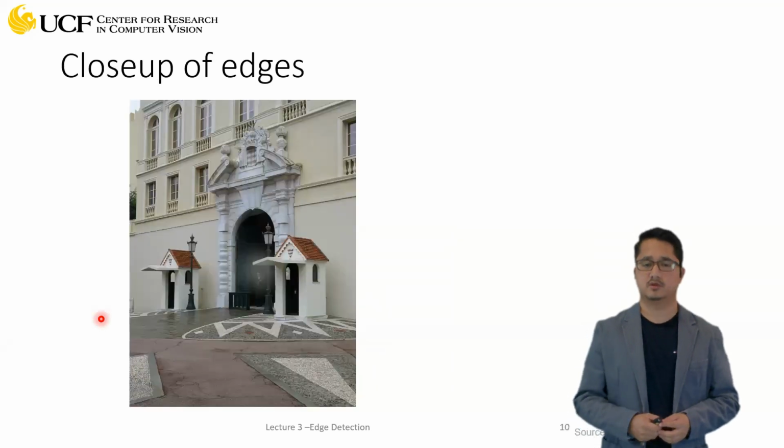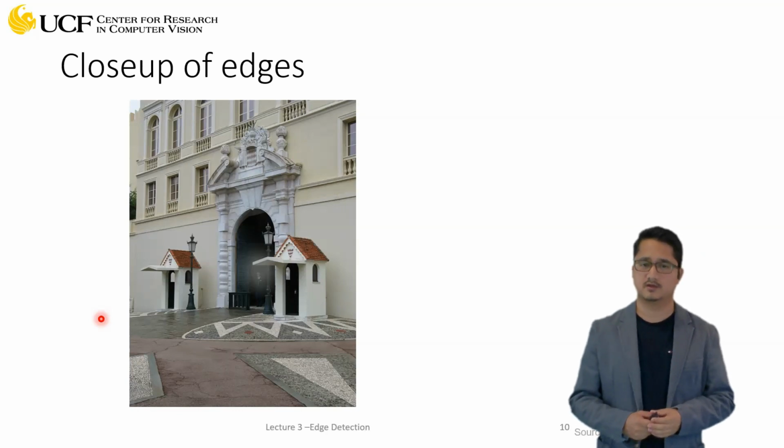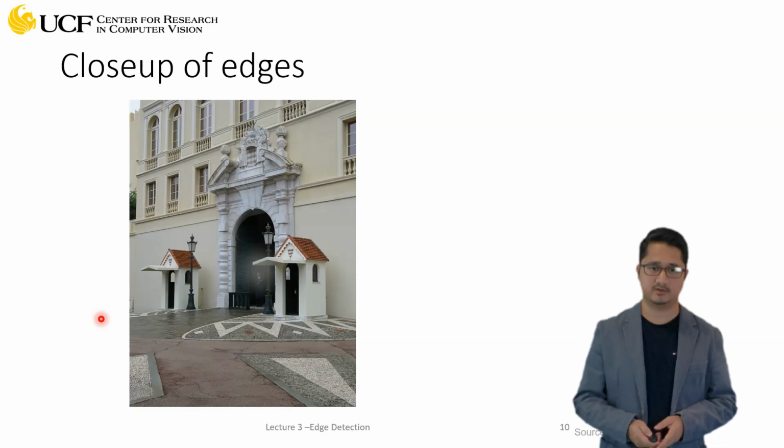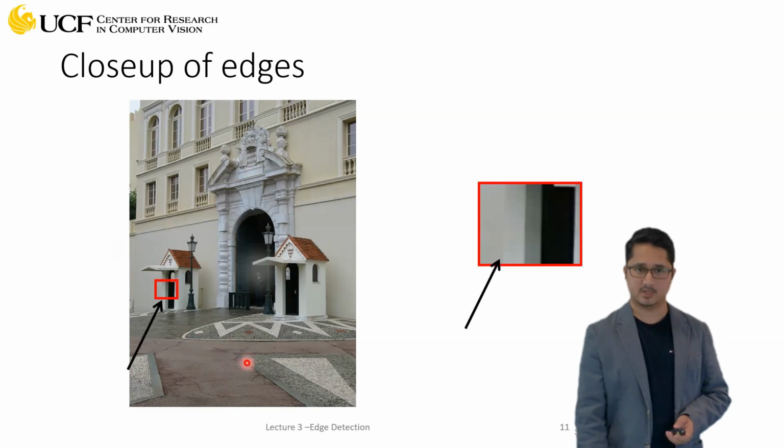Now we talked about that motivation, which is good. Now let's have a very close look at the actual images and what having an edge really means. This is an original input RGB image, and let's focus on this particular patch over here. If we zoom in on this, it will look something like this, and you can see that there are multiple edges, and these are vertical edges.